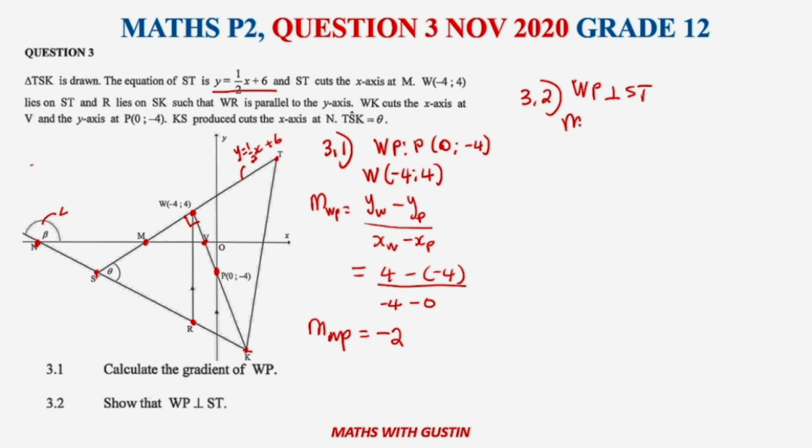Perpendicular is related to the gradient. From the basics, we know that the gradient of WP multiplied by the gradient of ST should give us -1. If they do, they are perpendicular. If they don't, they are not perpendicular.